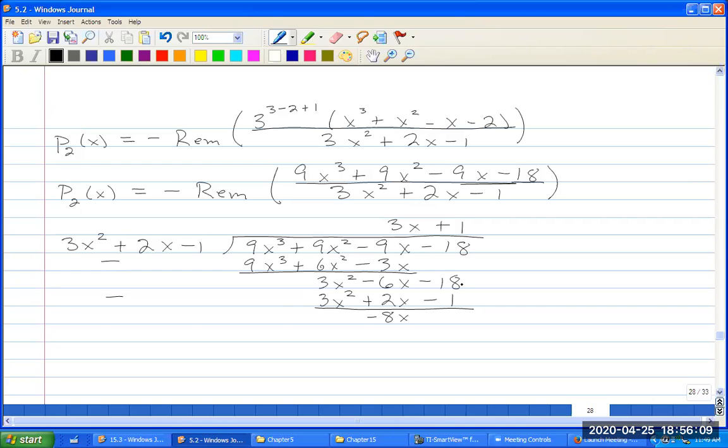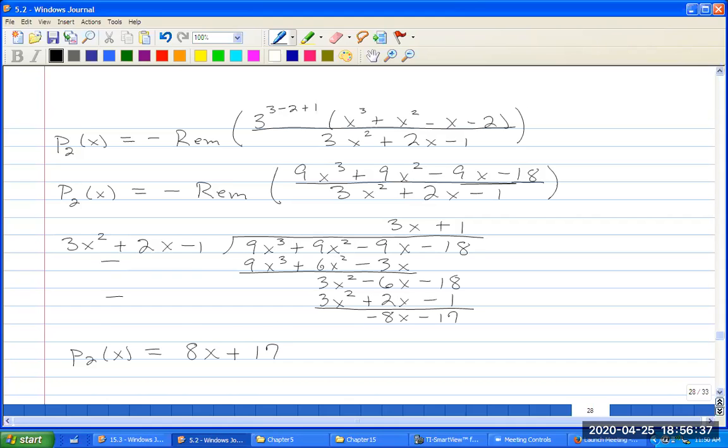Minus 18 minus a negative 1 is the same as plus 1, so minus 18 plus 1 is minus 17. Okay, so the remainder, p sub 2 of x, is minus 8x minus 17, but I want to change the sign. So this becomes 8x plus 17.